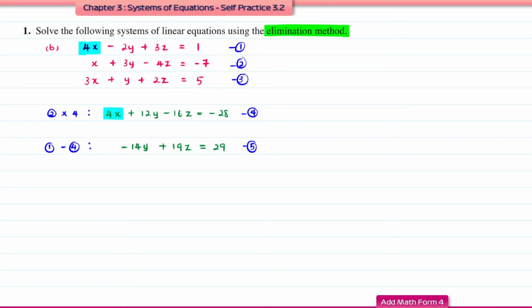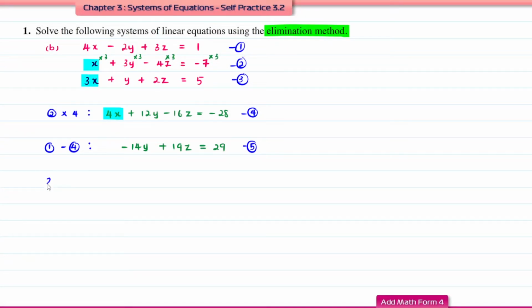So here we already eliminated the variable x. Next I'm going to choose another pair of equations. Here I'm going to use equations 2 and 3, and we are going to eliminate the variable x as well. In order to equalize the x, for equation number 2, I'm going to multiply each of the terms by 3.